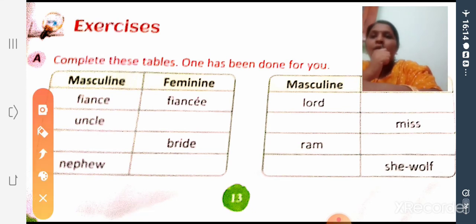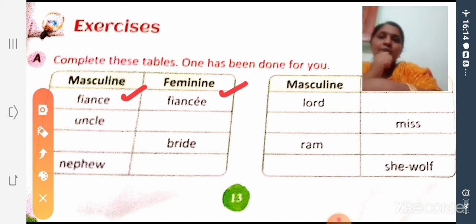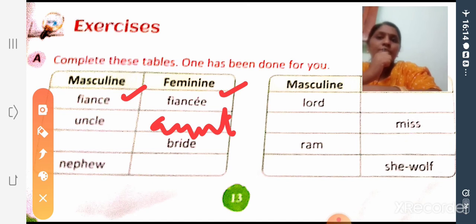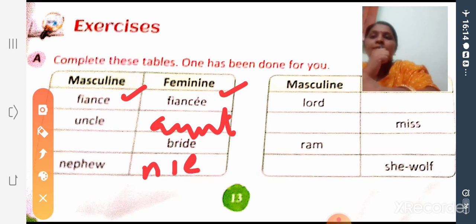First word, fiancé, and its feminine gender, F-I-A-N-C-E-E. Both pronunciations are the same, fiancé. Then uncle, aunt. Bride, bridegroom, B-R-I-D-E-G-R-O-O-M. Then nephew, niece, N-I-E-C-E.